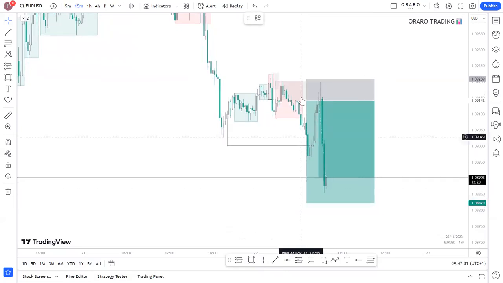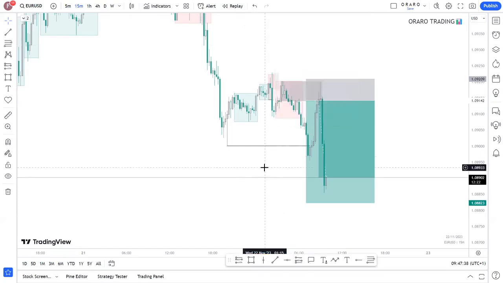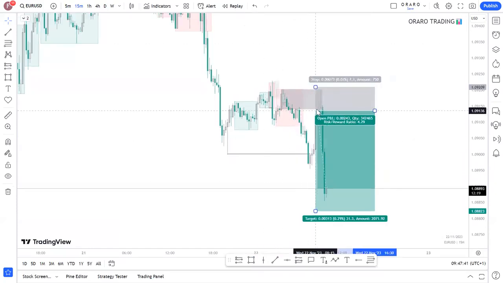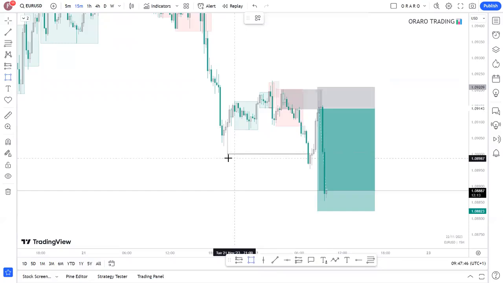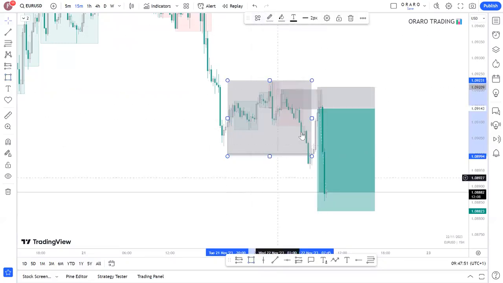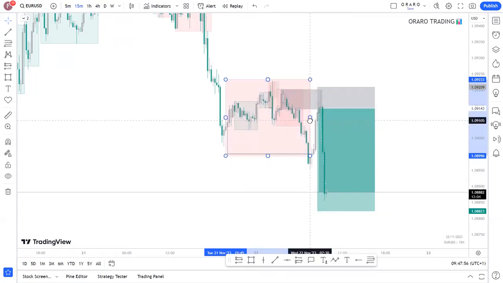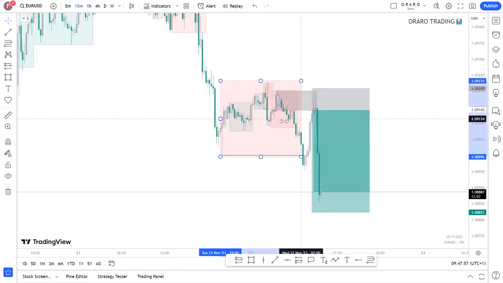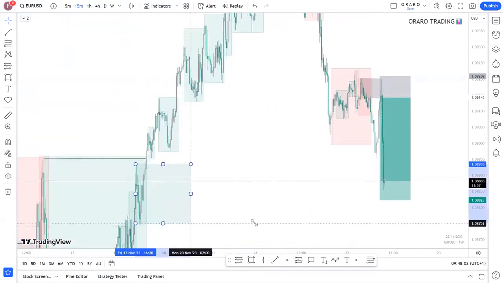So if you took a trade from this supply zone here, you can see, boom. After the range, after this bearish order flow was mitigated, what now happened? Price just mitigated an unmitigated zone and what? Boom. So you see how this is making sense. Price reacting from this order flow.